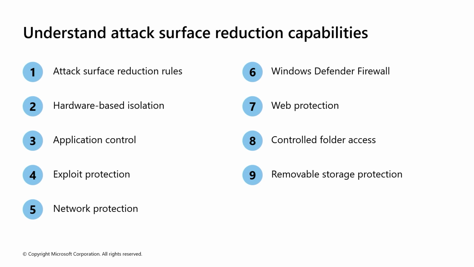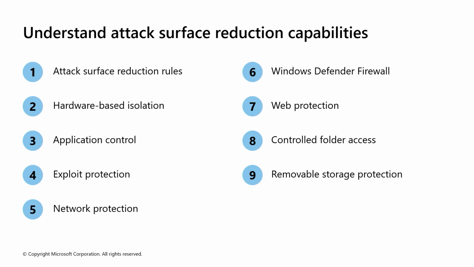This outlines the key capabilities that help proactively reduce vulnerabilities, ranging from application control to network and even web protection. Each layer plays a specific role in strengthening your security posture. For example, hardware-based isolation protects critical processes, controlled folder access defends against ransomware, and removable storage protection secures things like USBs and other external devices.